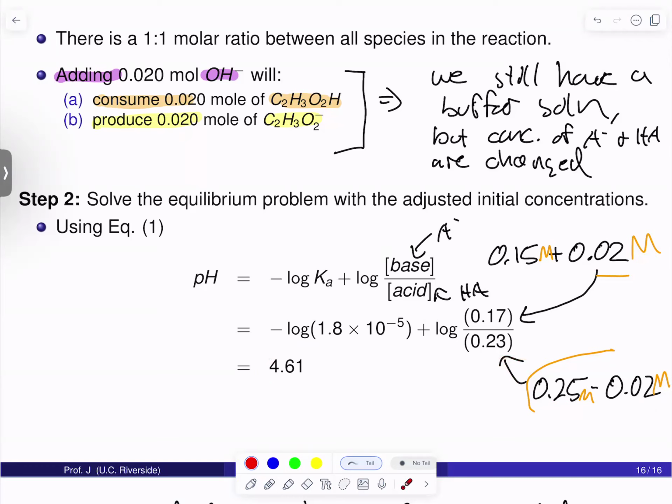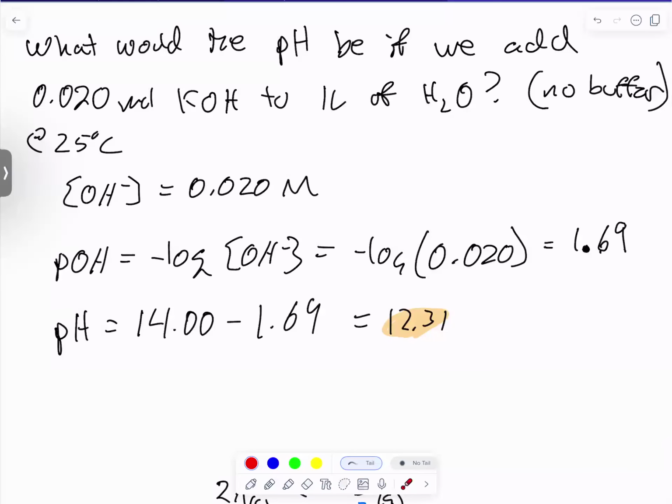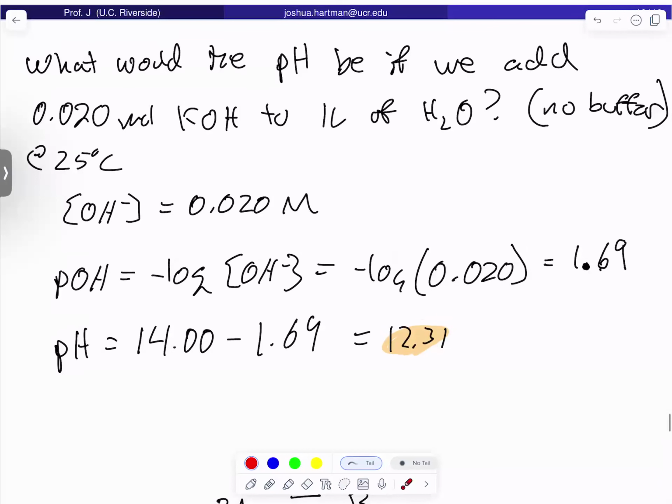So as you can see, this pH has not changed significantly through the addition of this strong base, which again is that hallmark of a buffer solution. To highlight that, consider what would have been the pH if we had added just 0.02 moles of KOH to 1 liter of water, so no buffer present. Well, in that case, we'd come up with a concentration of 0.02 molar OH minus.